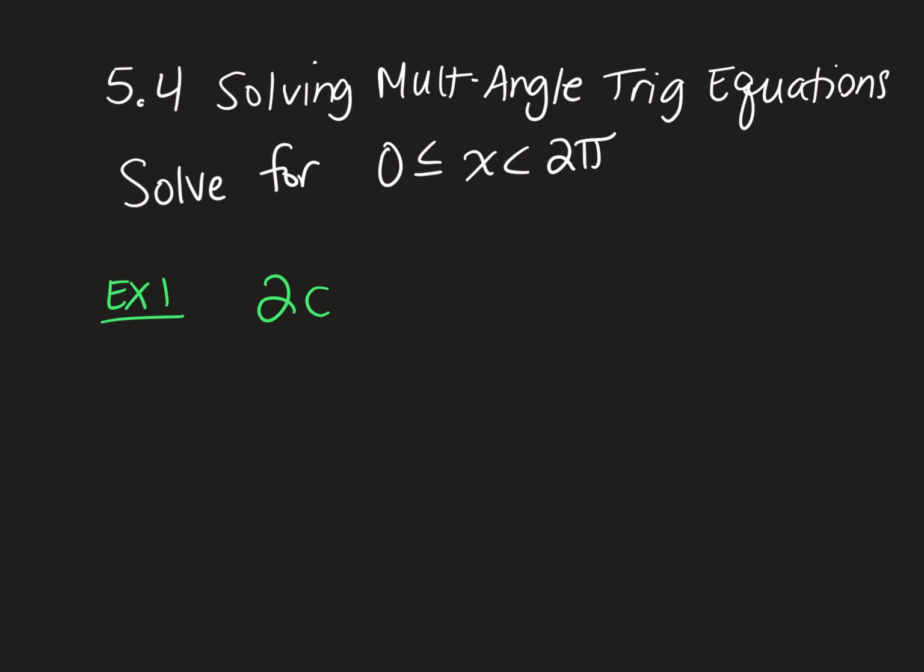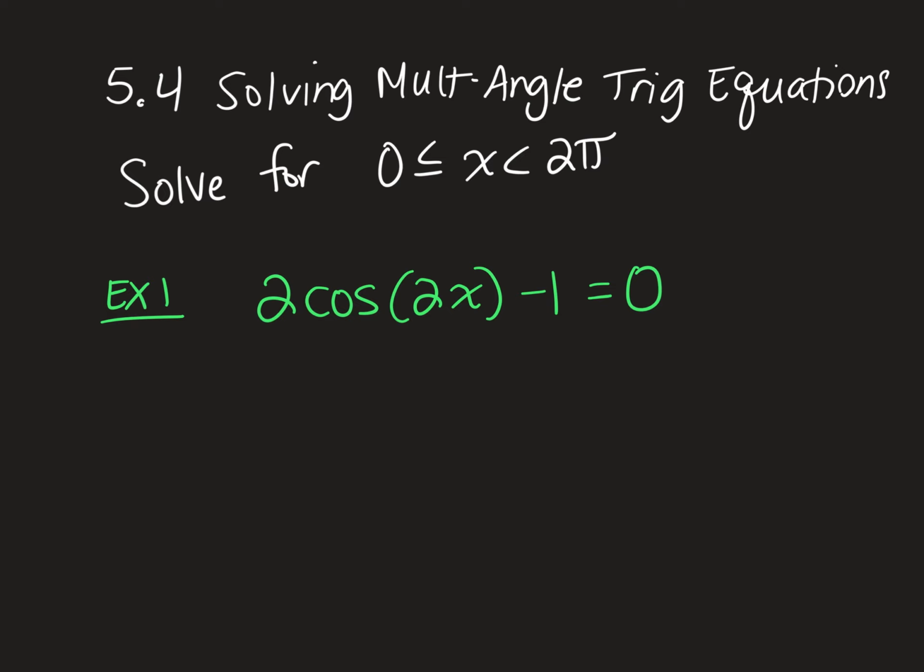We've got 2 times the cosine of 2x minus 1 equals 0. Right off the bat, this should bother you, okay? Because we've never had a 2 in front of our x before. And there's definitely a way we have to work around that.